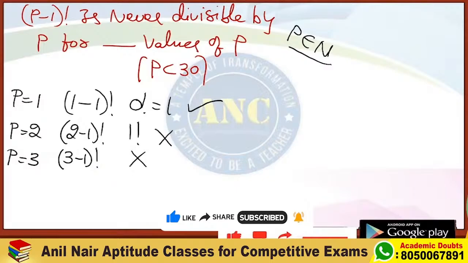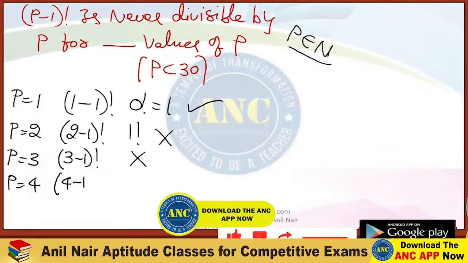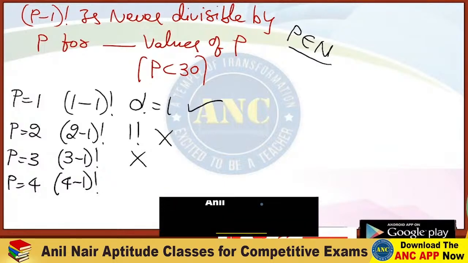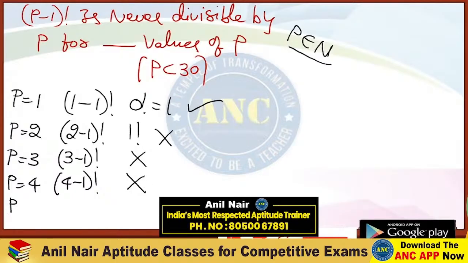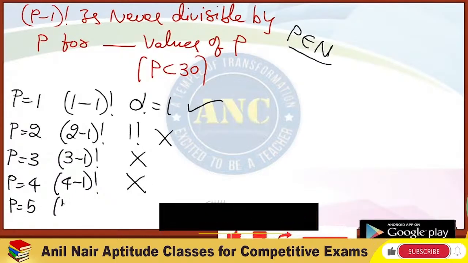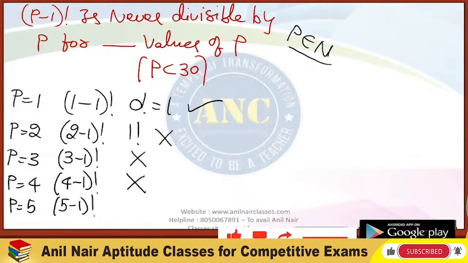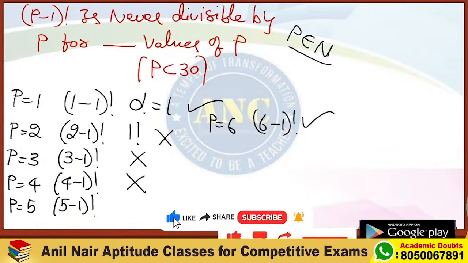No. This case is possible. P equal to 4, 4 minus 1 factorial, 3 factorial. Is 3 factorial, 6, divisible by 4? No. If P is 5, 4 factorial is 24, divisible by 5? No. If P is 6, 6 minus 1 factorial, 5 factorial, 120, divisible by 6.